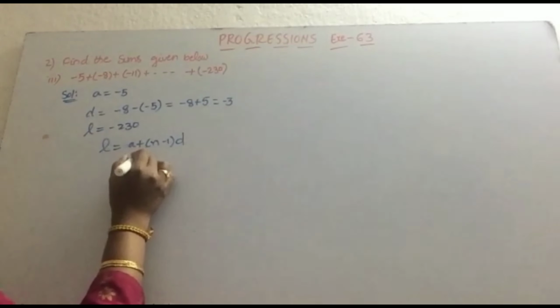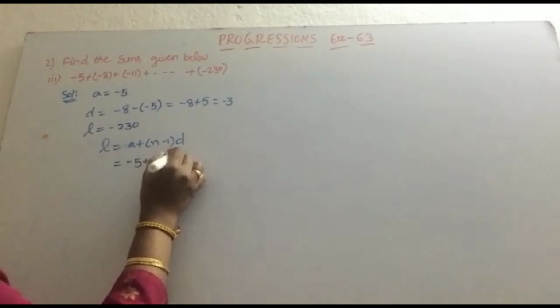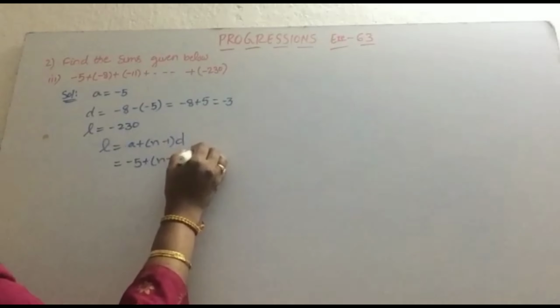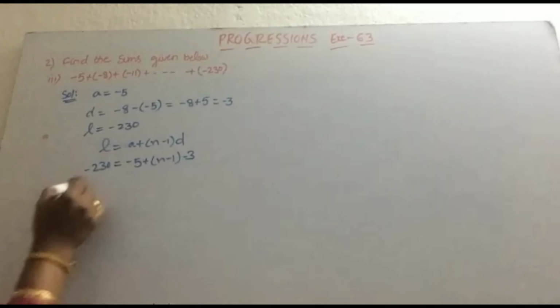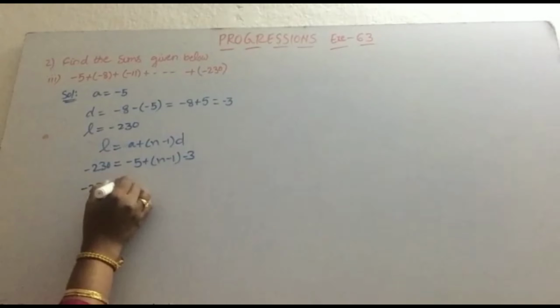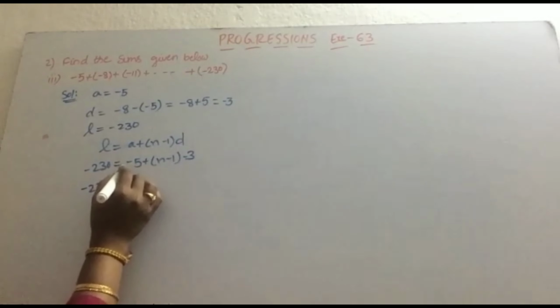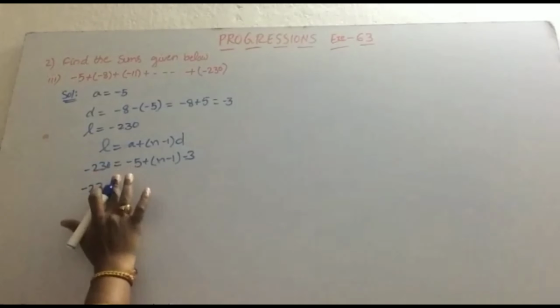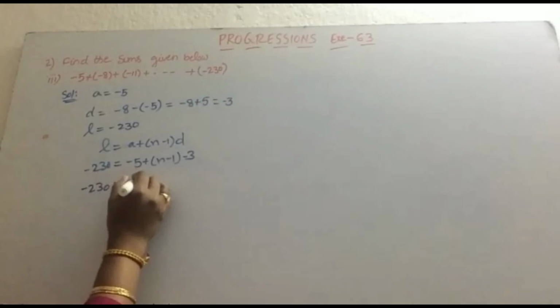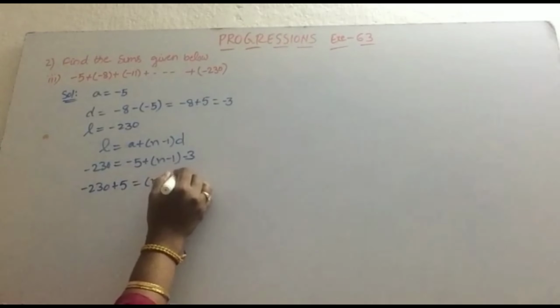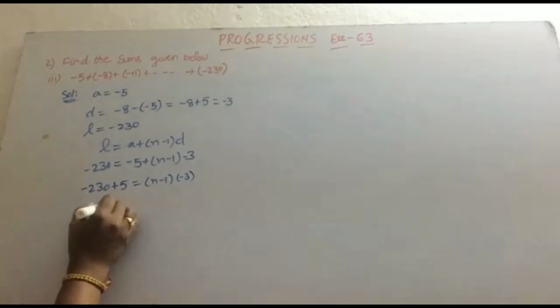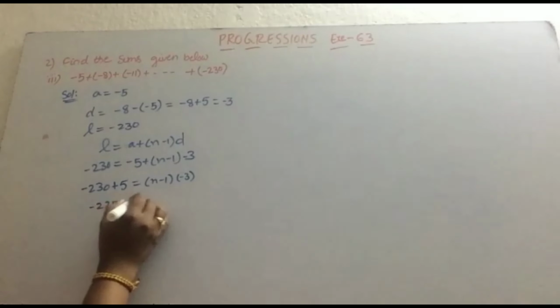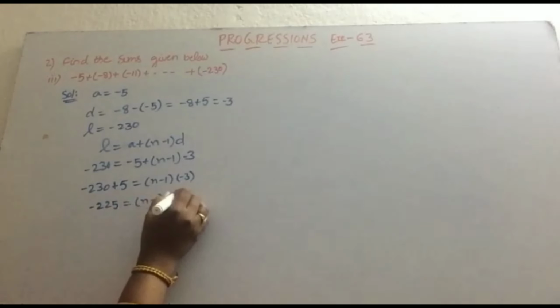So a is minus 5 plus n minus 1 into d is minus 3. So minus 230 plus 5 equal to n minus 1 into minus 3. So minus 225 equal to n minus 1 into minus 3.